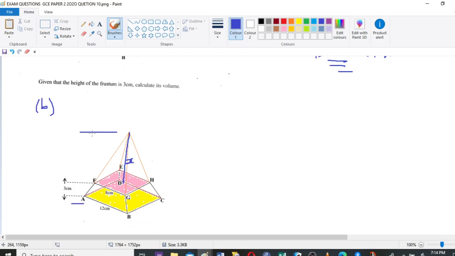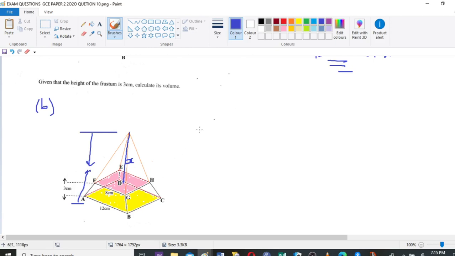So we have two heights, the height for the larger one, and the one for the small one, the one which was cut at the top. All right, so we can use ratios here.